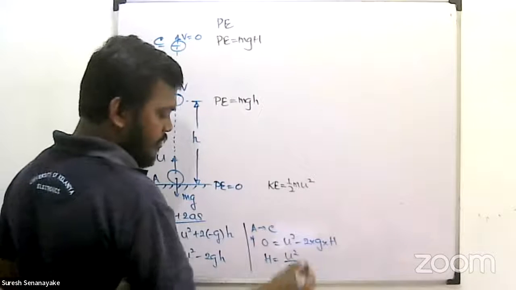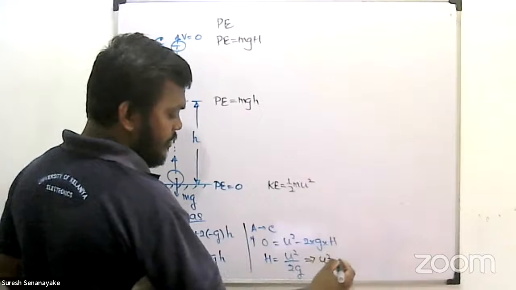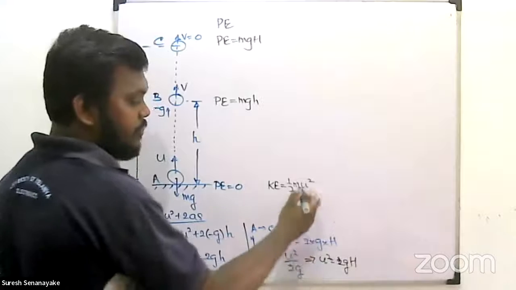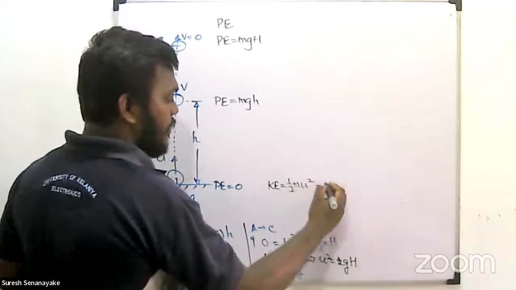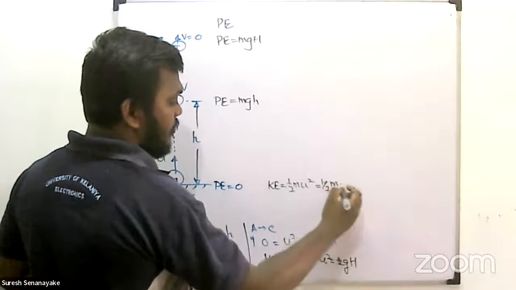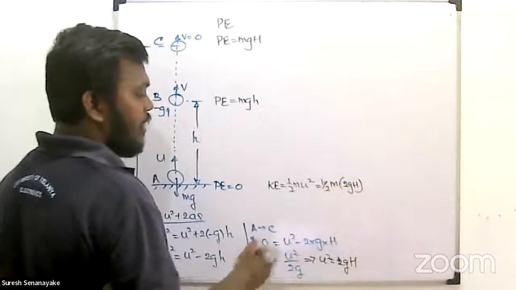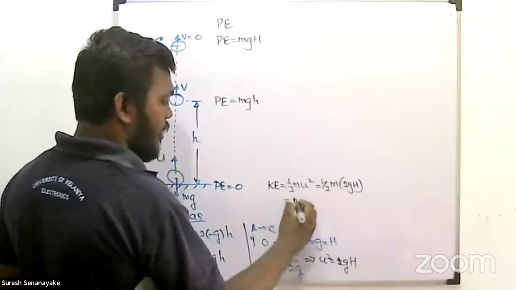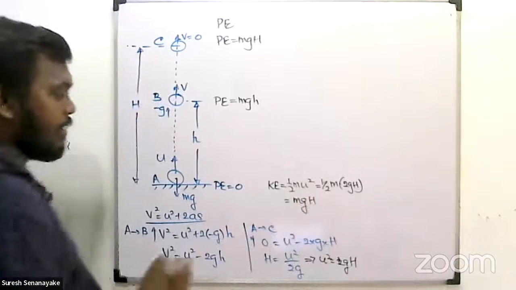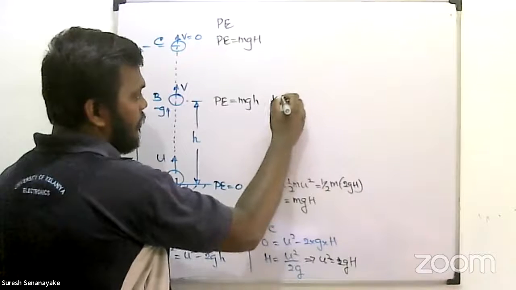Using this equation, u square equals 2gH, you can substitute: half m times 2gH. The 2 cancels, and it becomes mgH. That is the kinetic energy at point A.